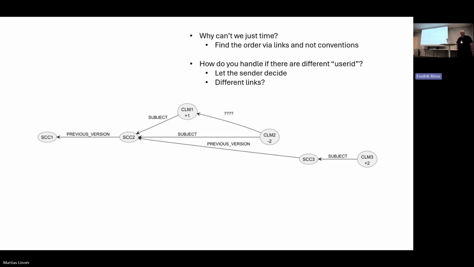You can think of it as, okay, we've got timestamps in events, so why not just use them? But basically, in AFO we say that we don't want to use conventions, but instead we use links. So we want to have a link. And today, there isn't any really good way to order these ones.